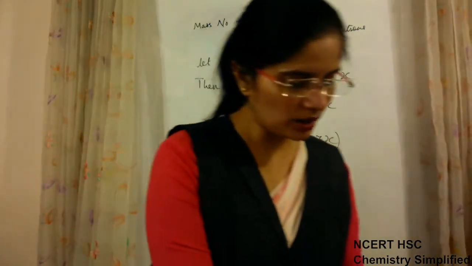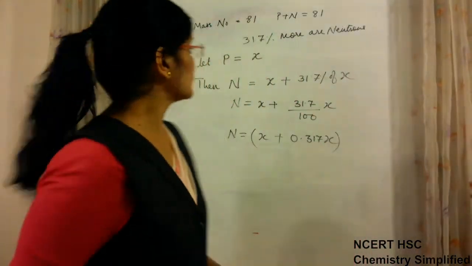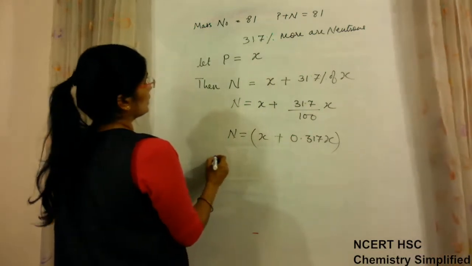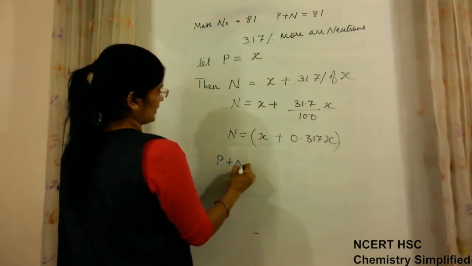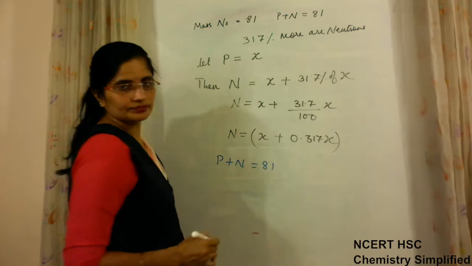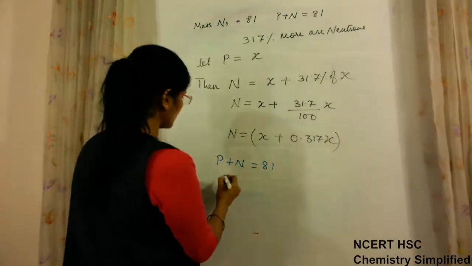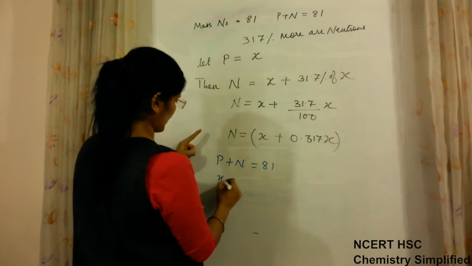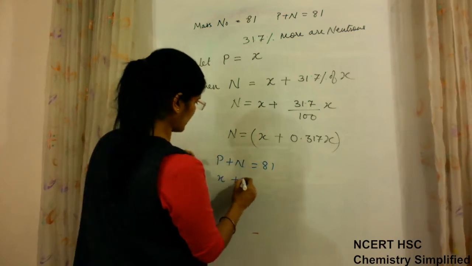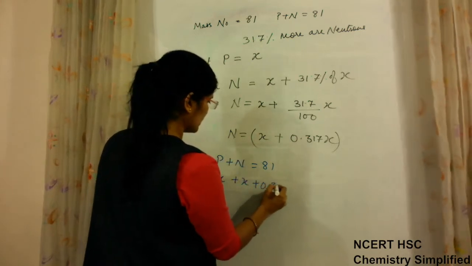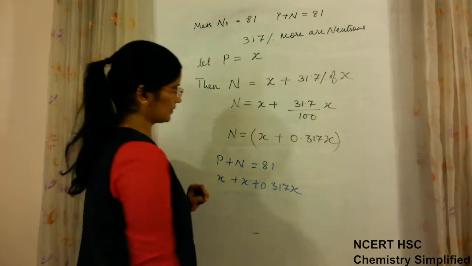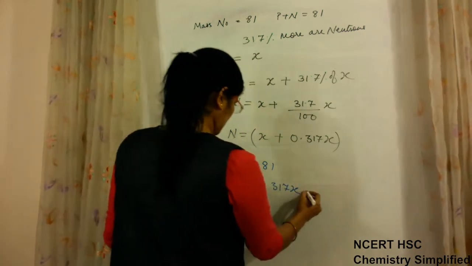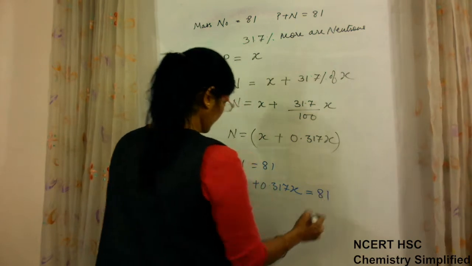Okay, now we will do further. P plus N is equal to 81. So the P number we have assumed X, and for neutrons we have taken X plus 0.317x, that is equal to 81.